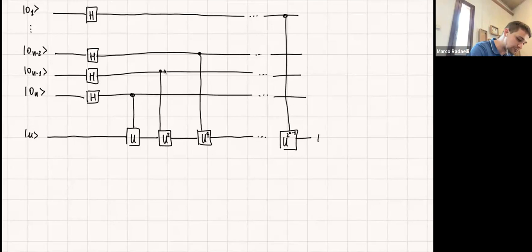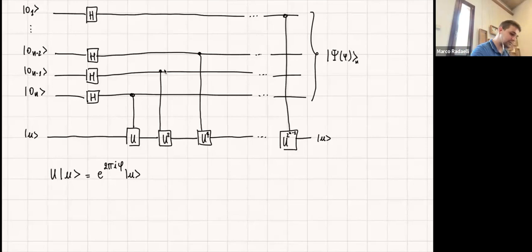So at the end, we will always have u, by the definition of eigenvector, times a phase: U u equals e to the 2 pi i phi times u. At the end here, we will instead have some state, which we will call big psi of phi, which is an n-qubit state.